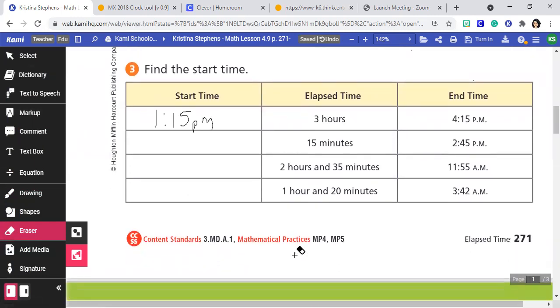Let's look at the next one. Our end time is 2:45 p.m. But if we rewind the clock and go back 15 minutes, what time would it be?